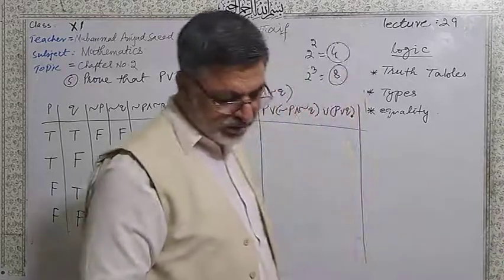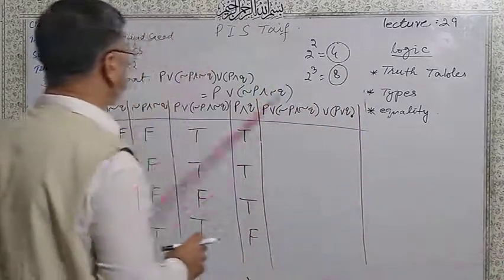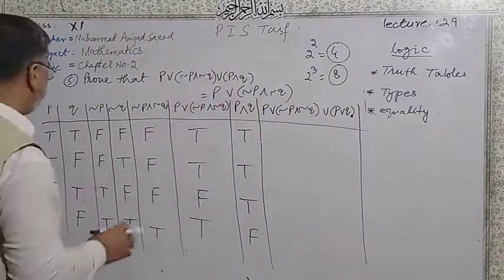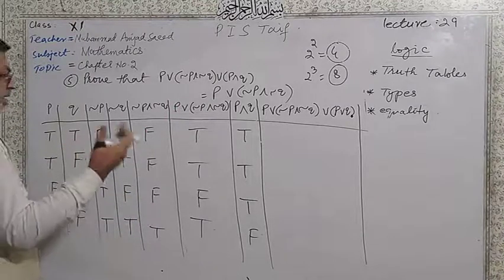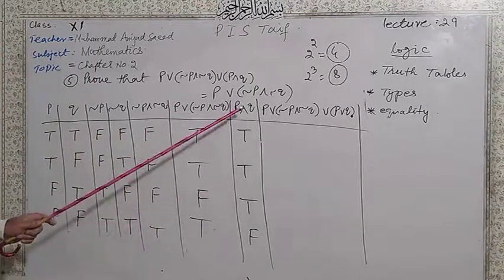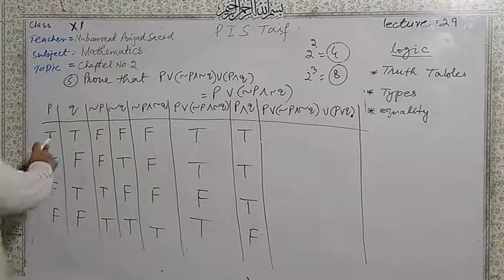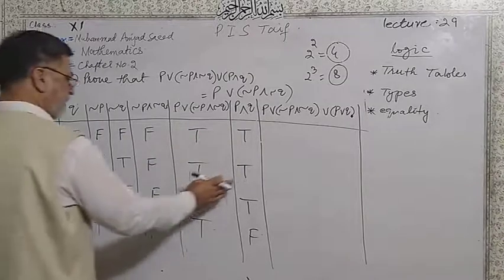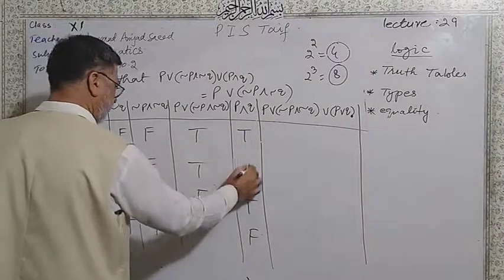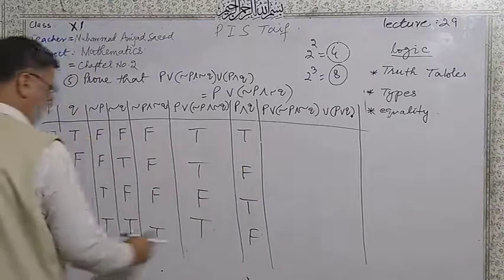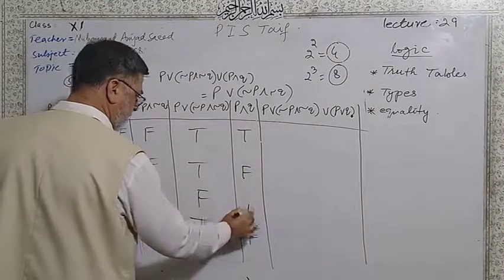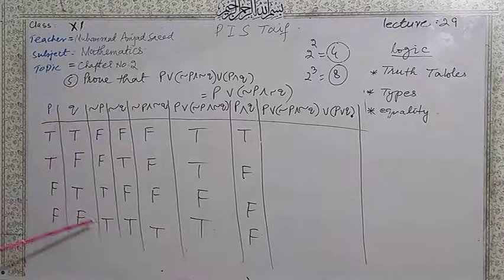P or (not P and not Q), or P and Q. So in case of P and Q, it means that it will be an intersection. P and Q, intersection. This will be F. Here is F. And yes, this is F. This is F.